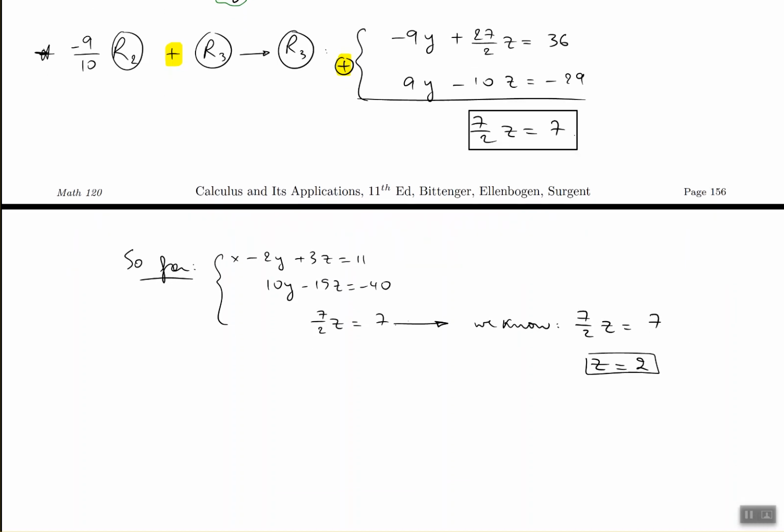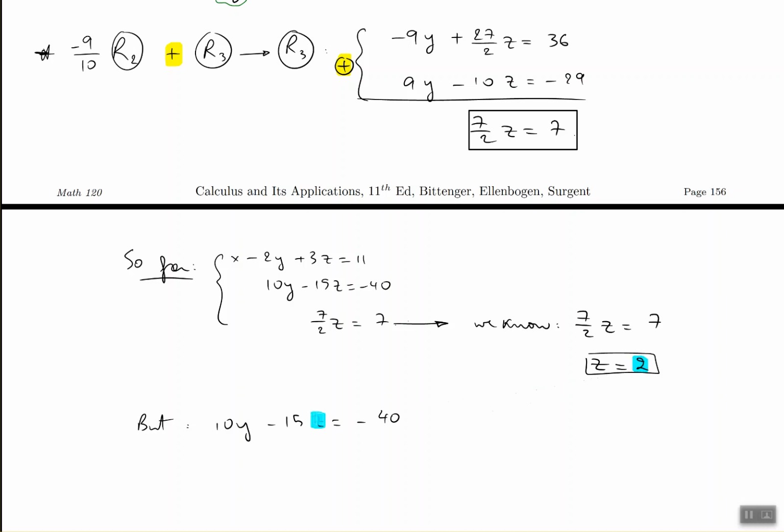But now that I know z is 2, I remember that in the second equation I had 10y minus 15z equals negative 40. Well, if I already know what z is, couldn't I use that information to get the y? Yes, I can.